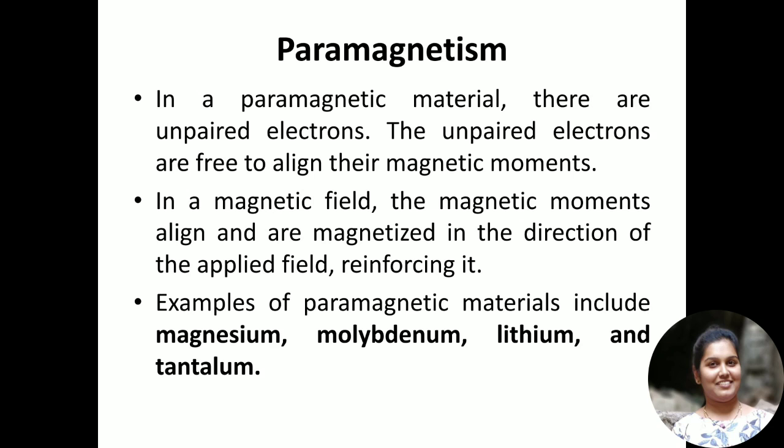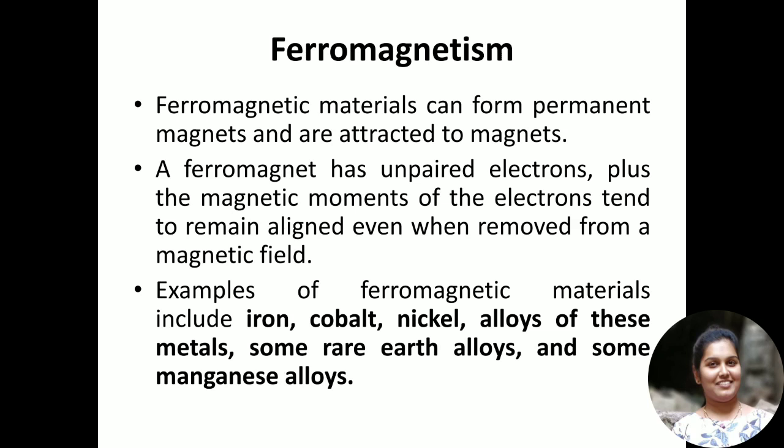The point to be remembered is that paramagnetic materials have unpaired electrons which are free to align their magnetic moments. The materials which are free to align their magnetic moments come under the category of paramagnetism.